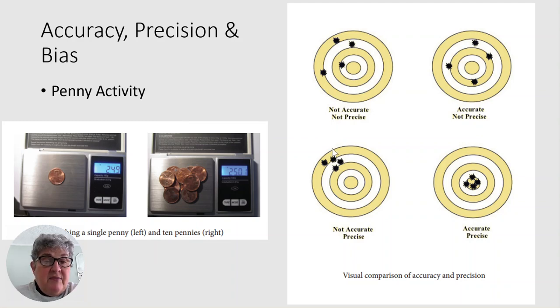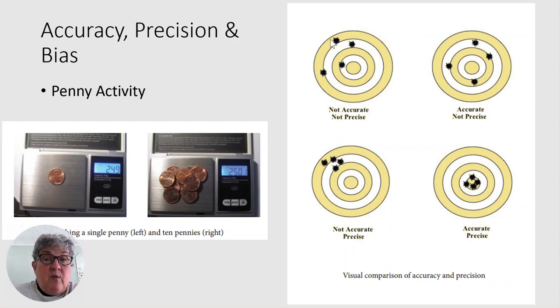If I think of a bullseye, accurate and precise would be a tight grouping around the actual center or the target number that I'm looking for. This one says I'm very precise. My instrument gives me that precise reading, but it's not very accurate. It's nowhere close to the center of the target.